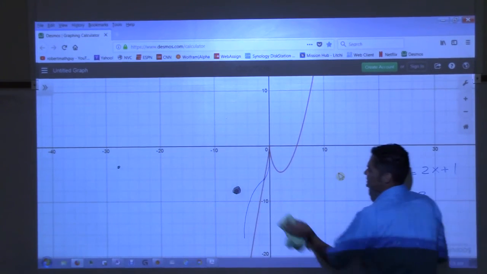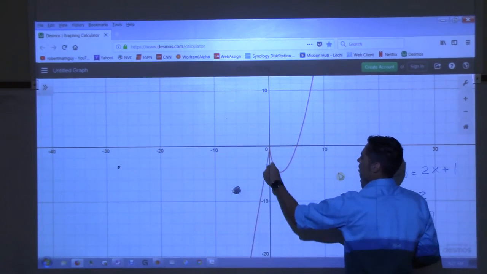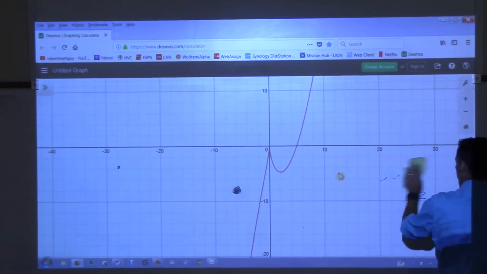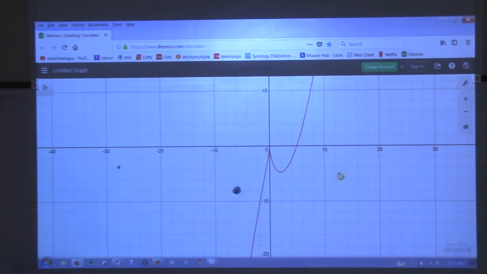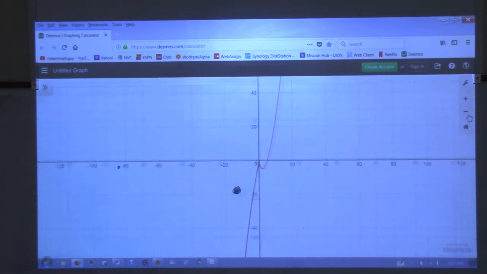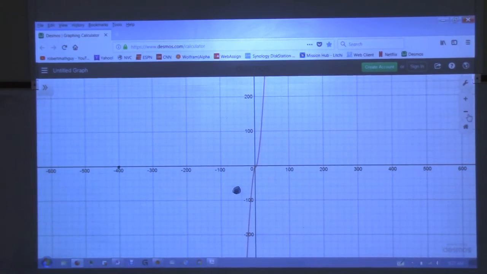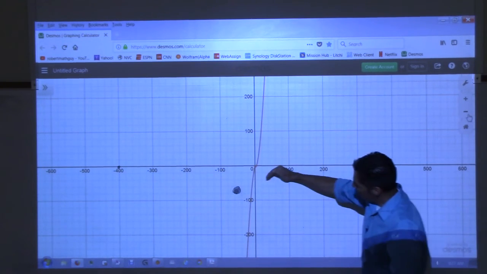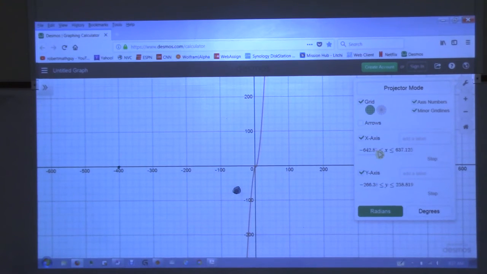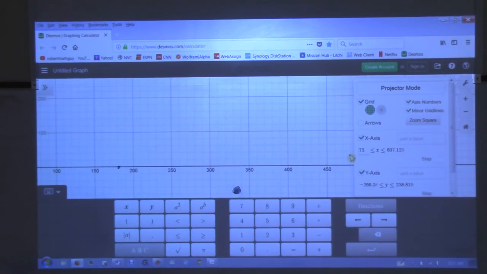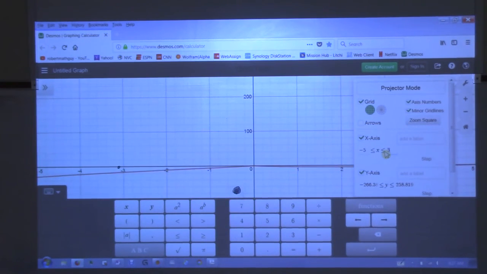All right, what else? We have our cusp, and then, yeah, it all looks good. I wonder if I zoomed out if I could see that concavity better. Nah, not really. Well, it kind of looks curvy. Maybe if I change my x to like -5 and my y to 5.